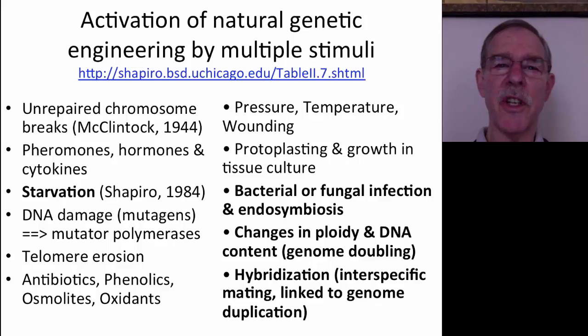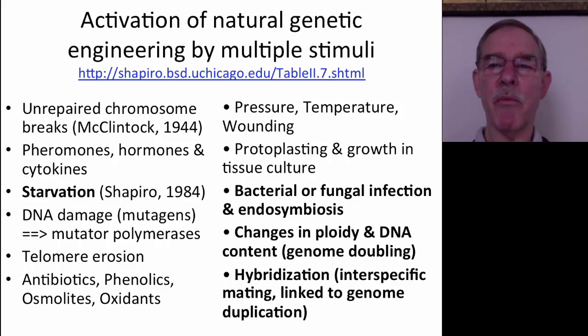Natural genetic engineering, like all biochemical processes, is subject to regulation. And we know that there's a wide variety of stimuli, both biological and non-biological, which can activate natural genetic engineering, which normally is kept in check by cell regulatory functions.